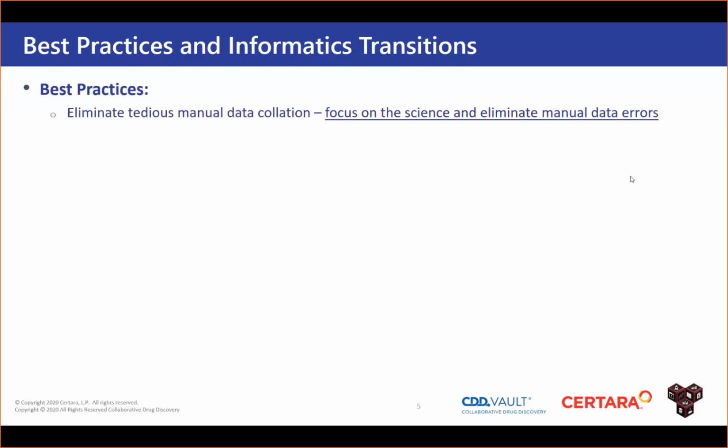This allows us to focus on the science and get rid of all of the busy work of moving data perhaps between different spreadsheets into and out of different systems, utilizing different applications. So by focusing on the science, we not only shorten the process of doing the analysis and coming to conclusions and decisions in the research, but we also eliminate a lot of manual data errors.